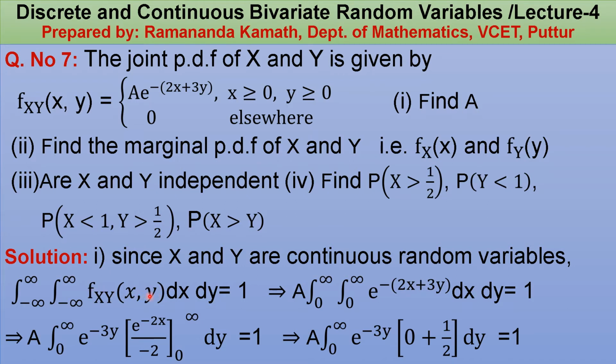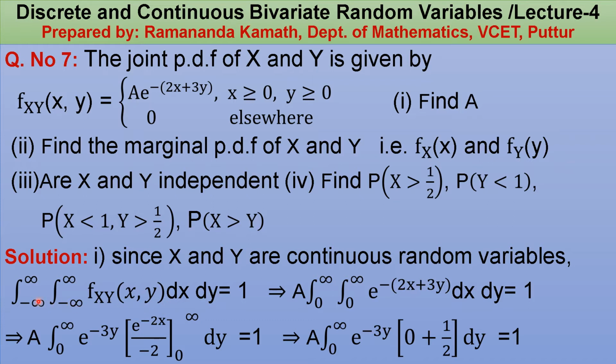So in this integral from minus infinity to plus infinity even negative values are considered. So you consider it from 0 to infinity so that negative values are ignored. The reason is for negative x and y values the integrand will be 0, so the double integral will be 0. So ignore it, consider non-negative values of x and y.